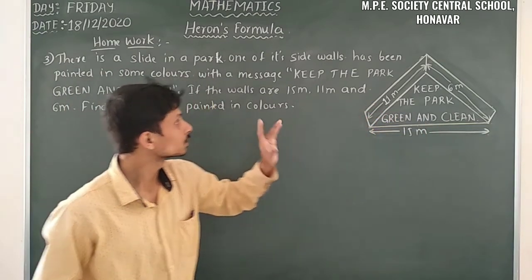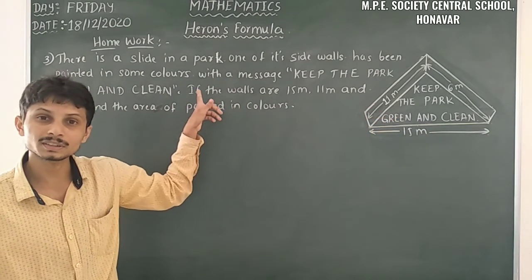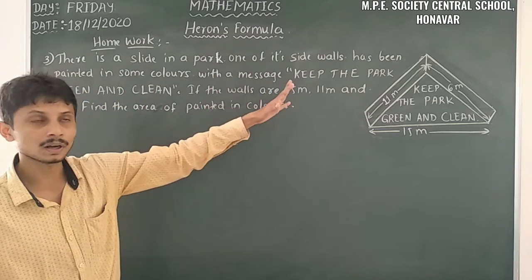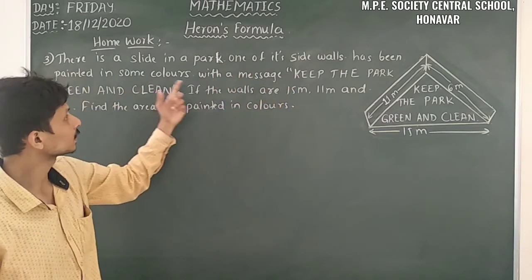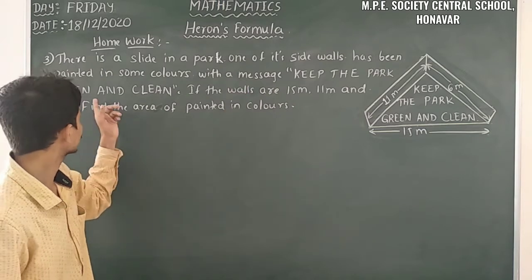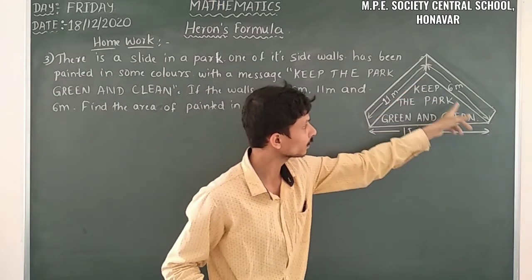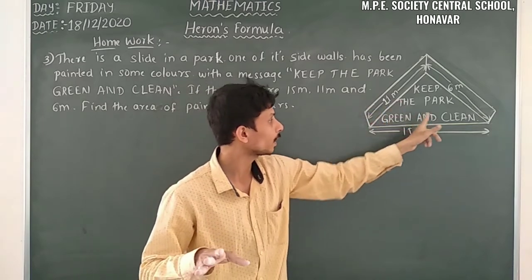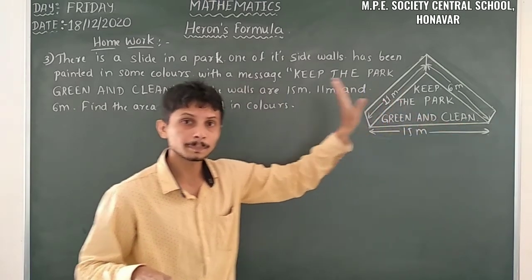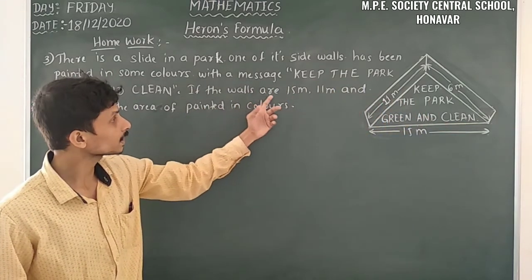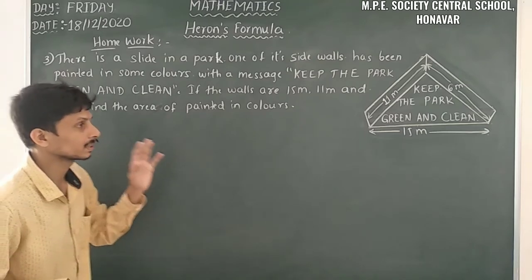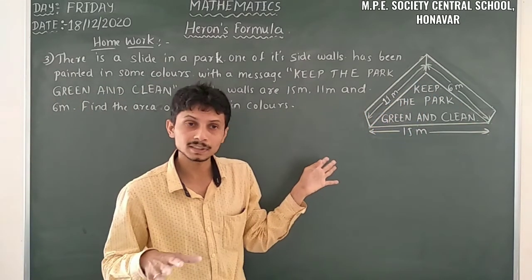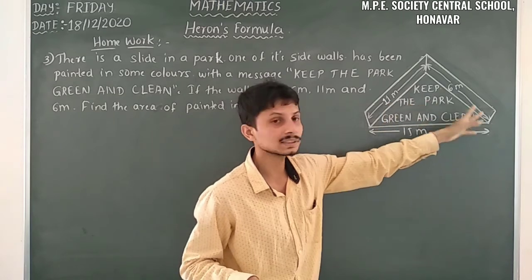Yes. So here the first statement is only the situation. That is, there is a slide in a park, one of its side walls has been painted in some colors with a message, keep the park green and clean. So whatever this part we have, that is only the painted part. Yes. So if the walls are 15 meter, 11 meter and 6 meter, that means the side wall, these three sides have measurements of 15 meter, 11 meter and 6 meter.